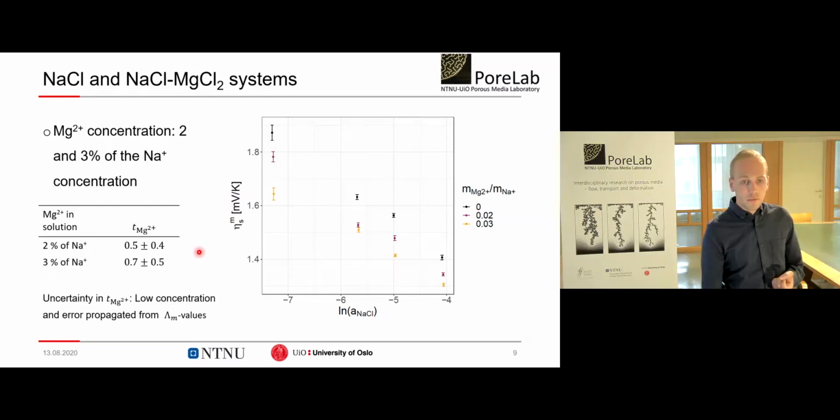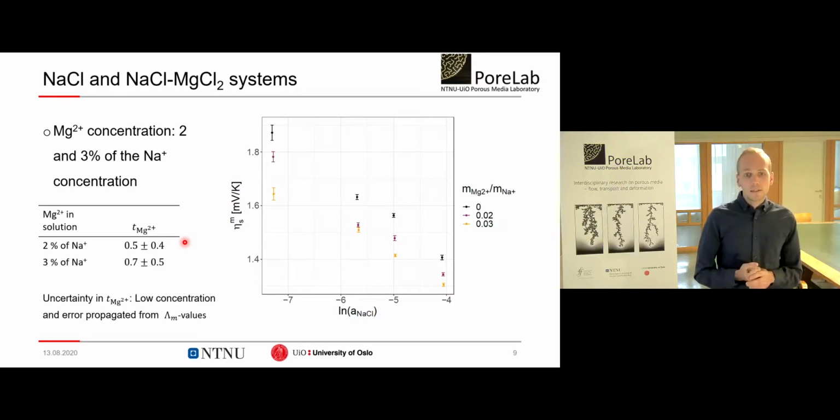And this can be attributed to a high transport number of magnesium in the systems. So the transport numbers are 0.5 and 0.7 with the double standard deviation of 0.4 and 0.5.